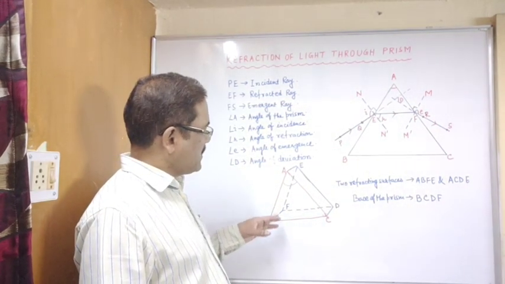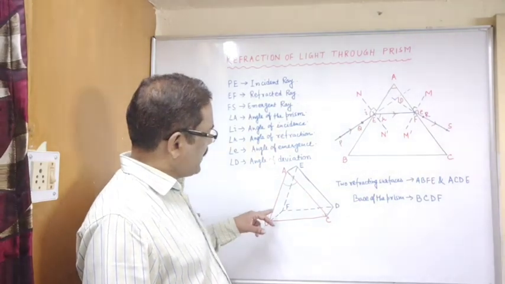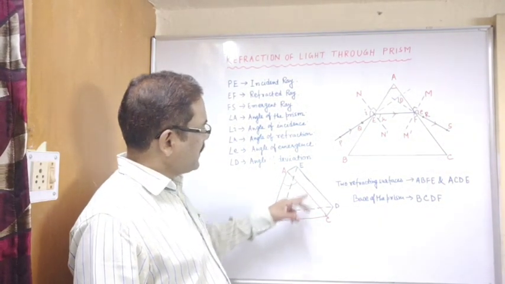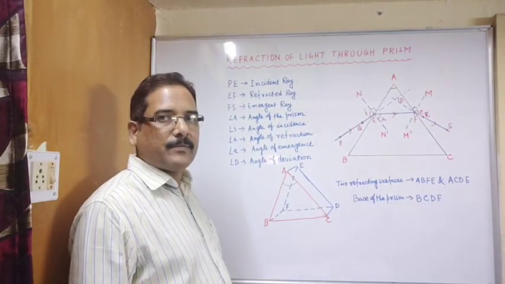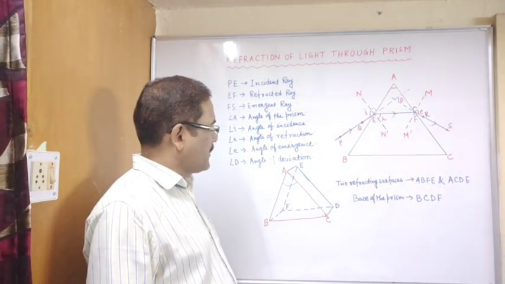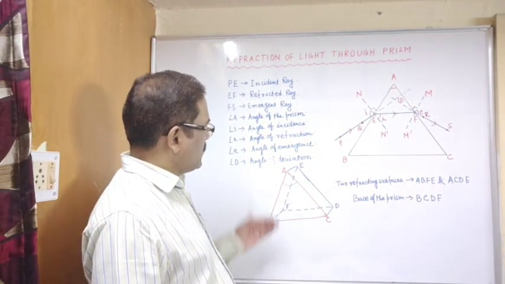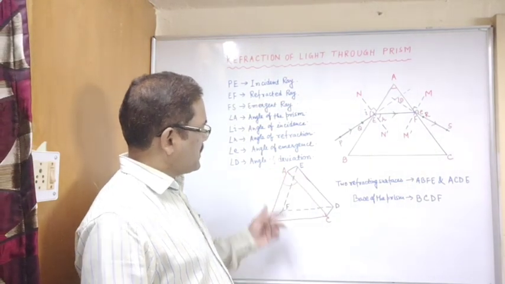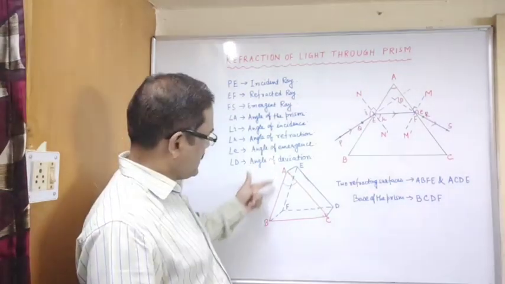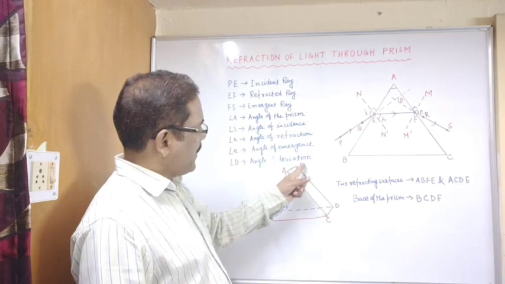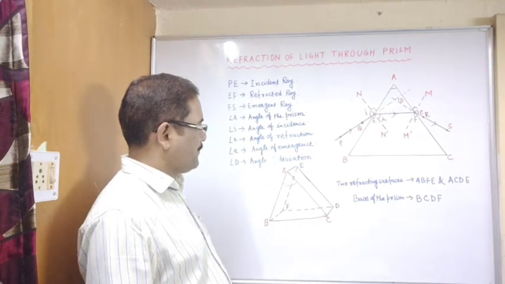If you see this structure, you will find that there are three rectangular surfaces, and there are two triangular faces. One triangular face is ABC and another is EFB.